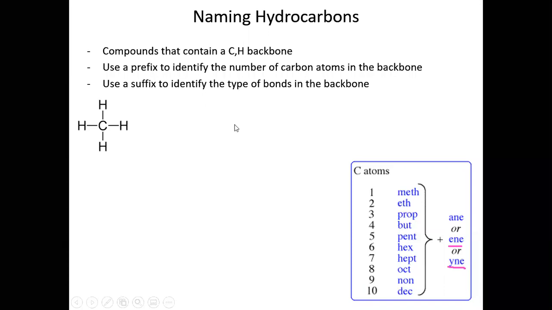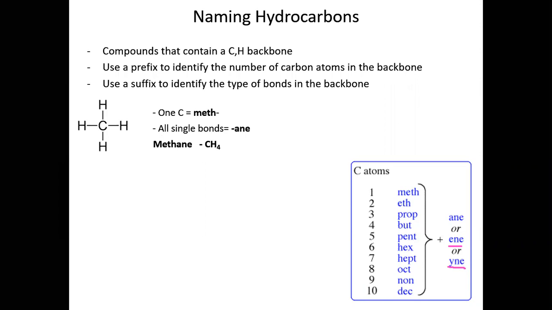For example, we have CH4, which is carbon bound to 4 hydrogens. There's one carbon, so we use the prefix meth, and this carbon has all single bonds around it. So we use the suffix "ane," and then we put them together and get methane. And that's why methane is CH4.